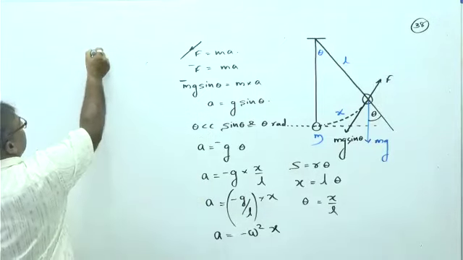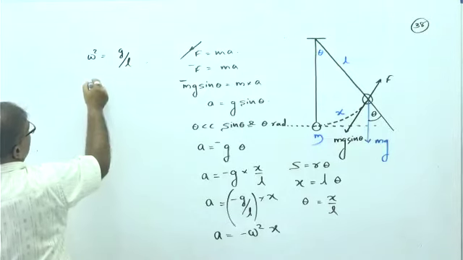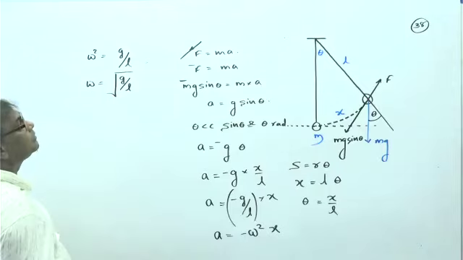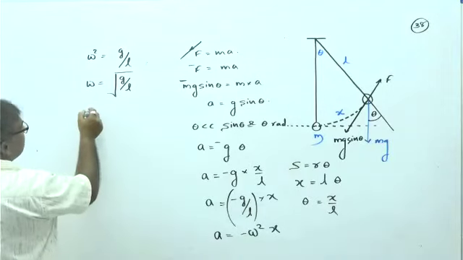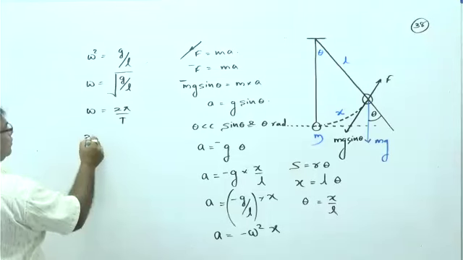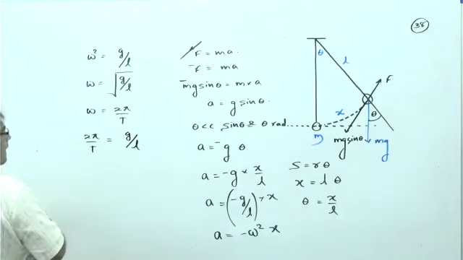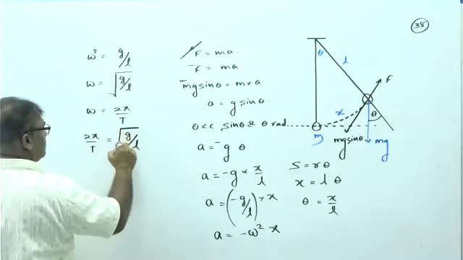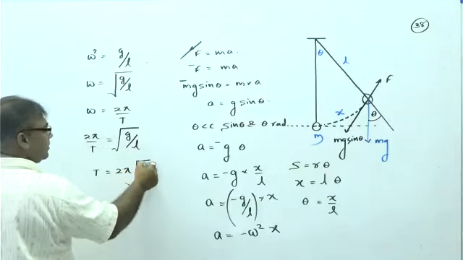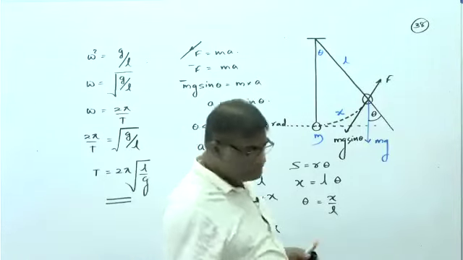Then omega squared equals g over L, so omega is root of g over L. Same as previous, omega equals 2 pi over T. Equating both, 2 pi over T equals root of g over L. Then T becomes 2 pi root of L over g. Done. This should be right. Complete this one.